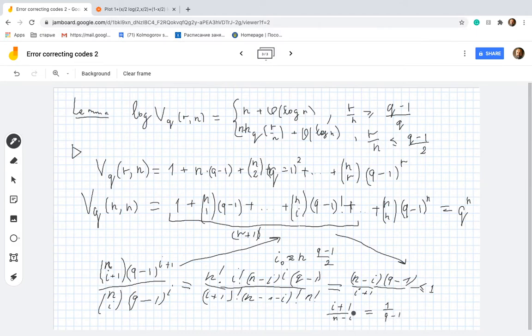And we do not need to solve this equation exactly, because if our precision is plus minus 1, it's enough for our goals, so we can actually ignore this plus 1, and instead solve the equation n minus i over i equals q minus 1.